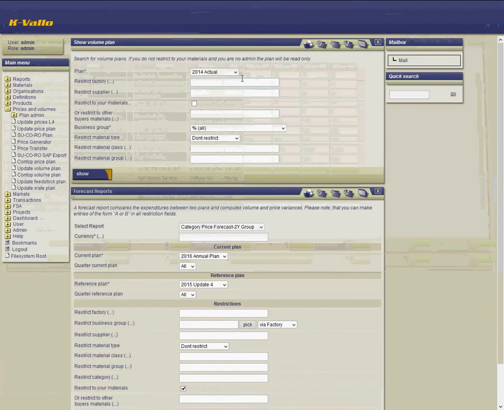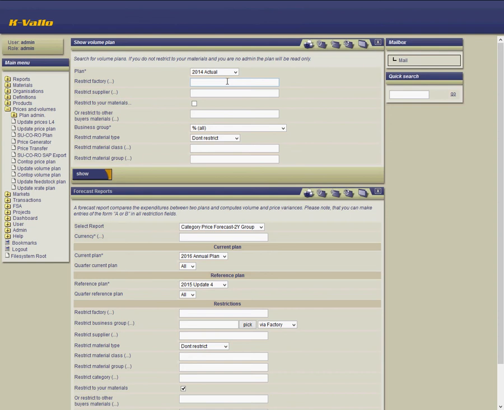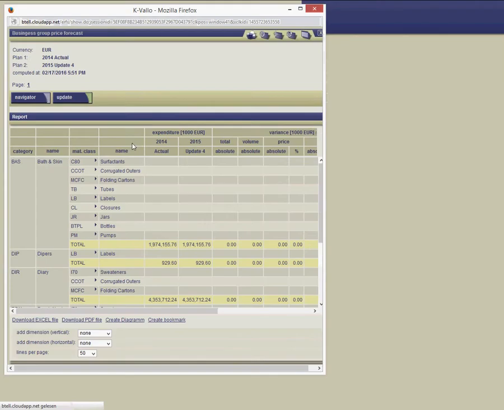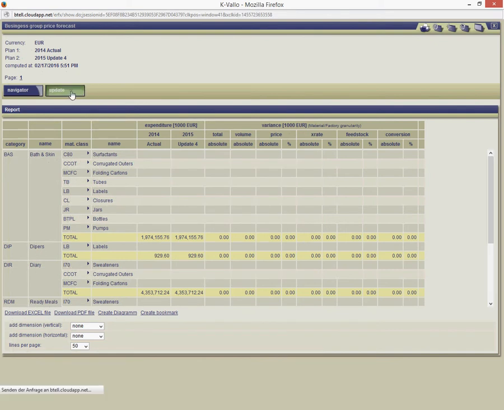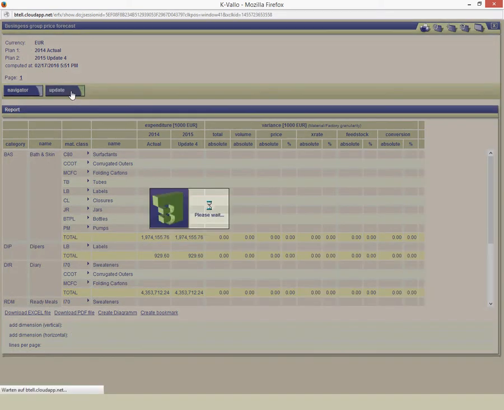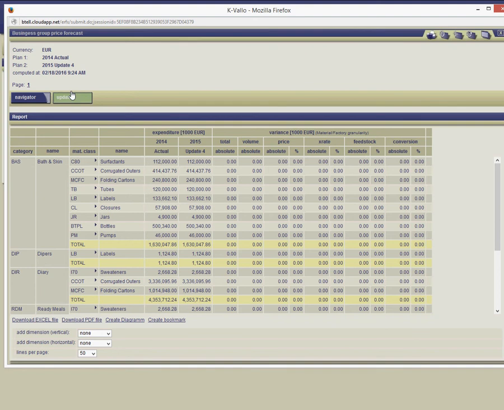So what we do is we make a copy of 2014 to the new plan 2015 update 2, and we're going to use a special report we have prepared to evaluate the effect of all our assumptions. So let's make an evaluation, and what you see, there is no effect.